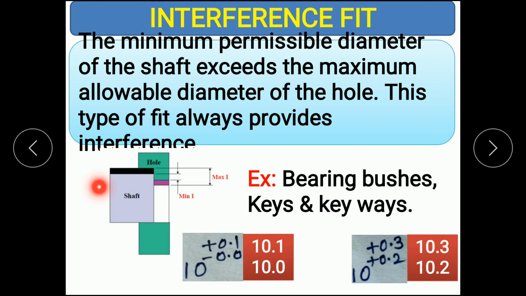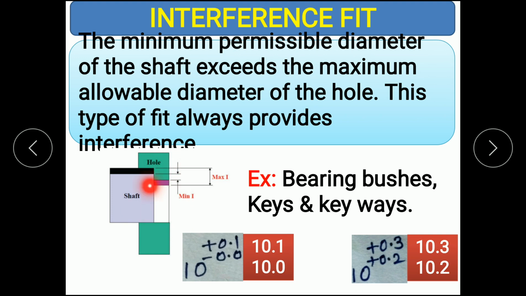Here, this is the shaft, and its minimum permissible diameter exceeds, that is, is more than the maximum allowable or permissible diameter of the hole.